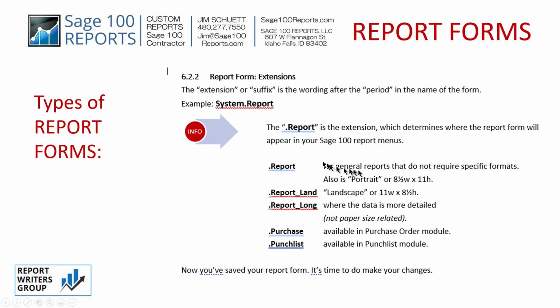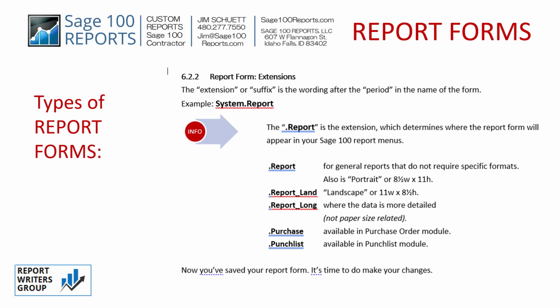As I was explaining, the extensions, report underscore land or report underscore long, are the basic portrait and landscape generic versions of a report form.